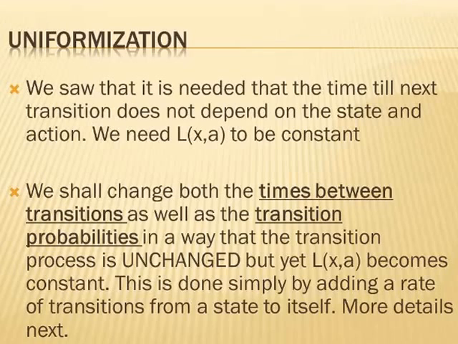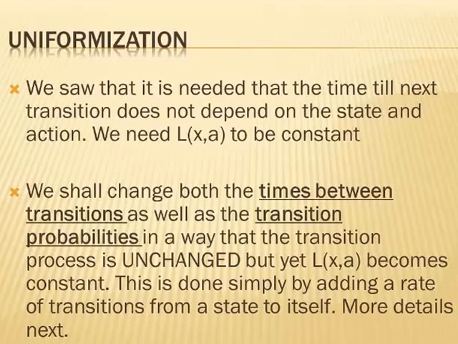So we saw that it is needed that the time till the next transition shouldn't depend on the state and action. So we need L(x,a) to be constant over all x and over all a, which will not be the case in our problem.